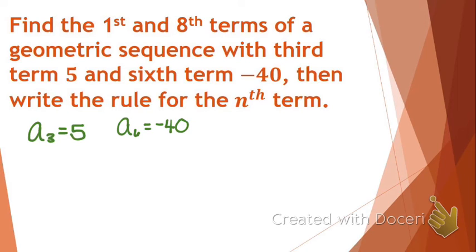What information am I going to need in order to be able to find the first term, the 8th term, the nth term? I need that common ratio. Do I have 2 consecutive terms? So I can't just divide those two. What could I do since I can't just divide those to find my common ratio?